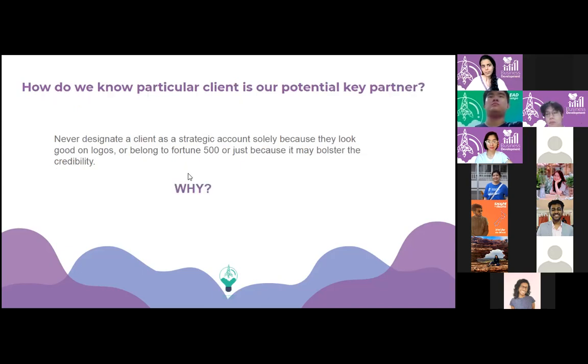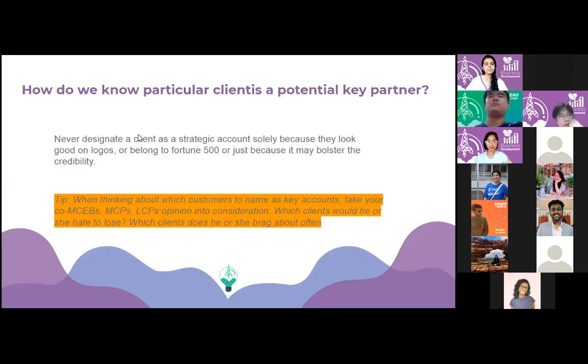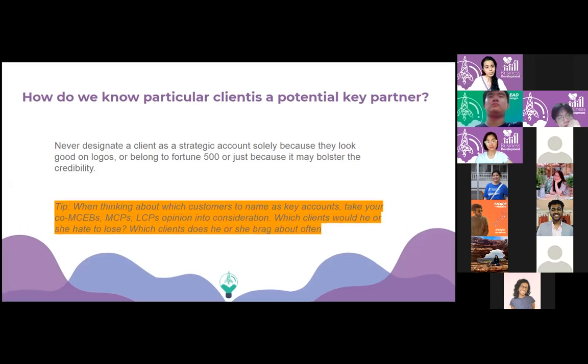And another tip from the facilitator, Dolly, that was going to be there. She would have told you that when thinking about which customers to name as key accounts, take your MCEBs, MCPs, and LCPs' opinions into consideration. Don't just consider it on your opinion, on your biases.